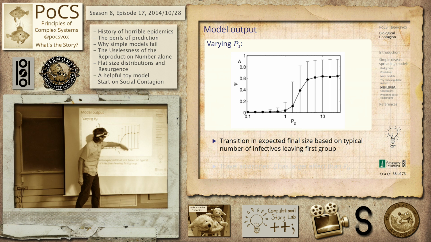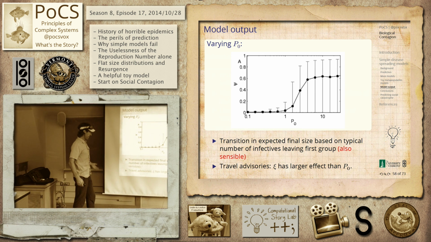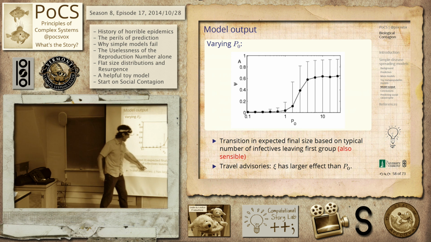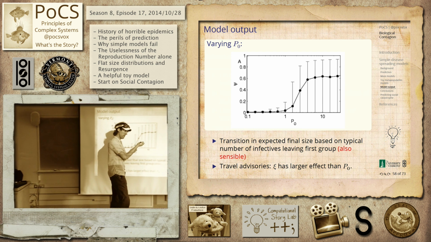Okay. So again, these wide end results are pretty sensible. Again, just a toy model, but you could say there's a stronger effect than P naught, so you might want to focus on that. I mentioned Vittorio Colizza before.